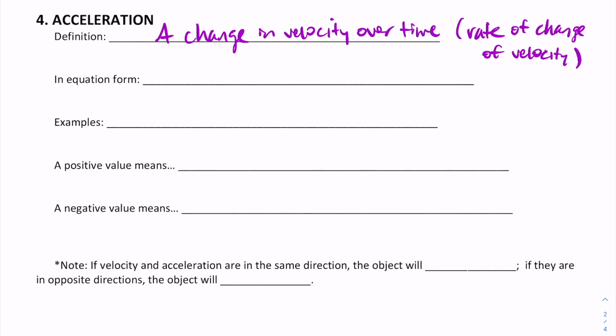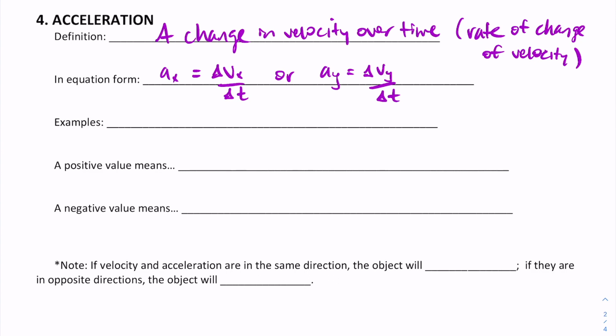In equation form, we're going to use the variable a for acceleration, right? We'll have horizontal acceleration. So that would be the change in velocity in the x direction over time. Or we can have vertical acceleration, something accelerating up and down. That would be the change in the vertical velocity over time.